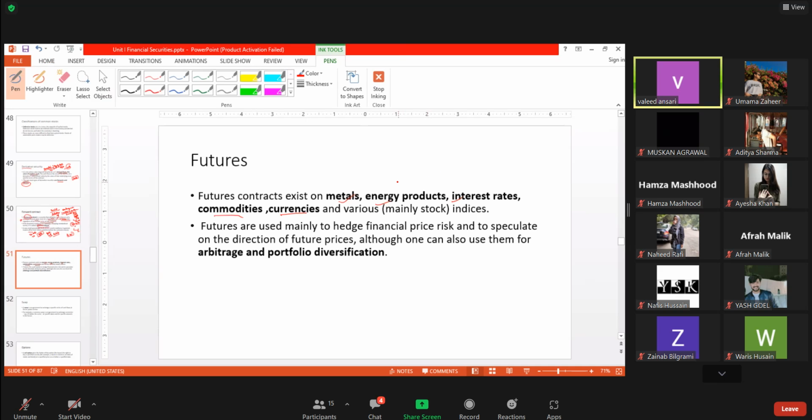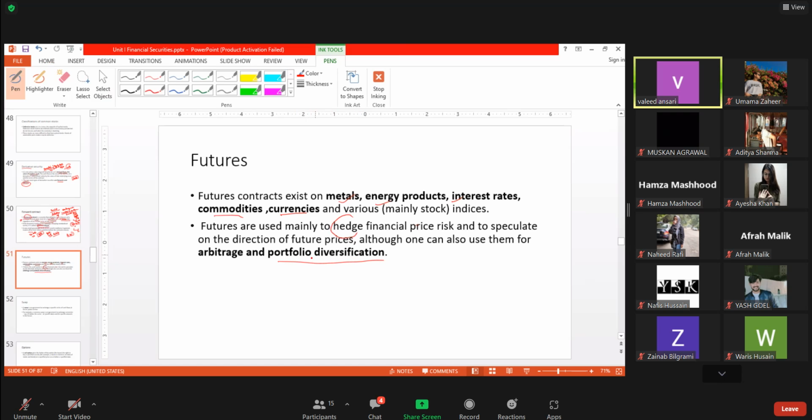The other side also exists, because in a market there are always two sides, the buyer and the seller. Futures contracts are usually used to hedge financial risk, and for arbitrage or portfolio diversification. Anyone can hedge using it to minimize risk.